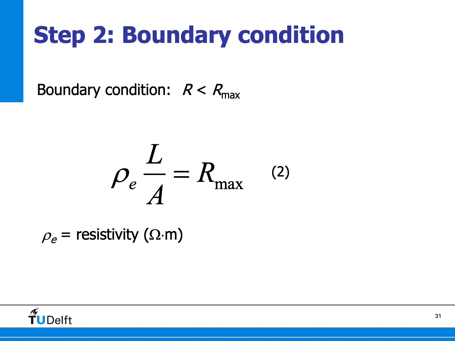So the equation that we can write down for the boundary condition is simply by rewriting this resistance as we had before in terms of a material parameter, and because we're deriving a material index, that's the resistivity rho E, and then we have to multiply that by L divided by A, and this term together is our resistance, and this expression should of course still be smaller than the specified maximum resistance. So this is our equation for the boundary condition.